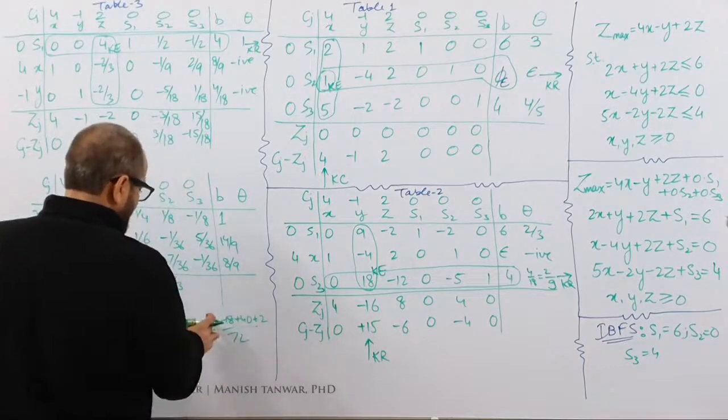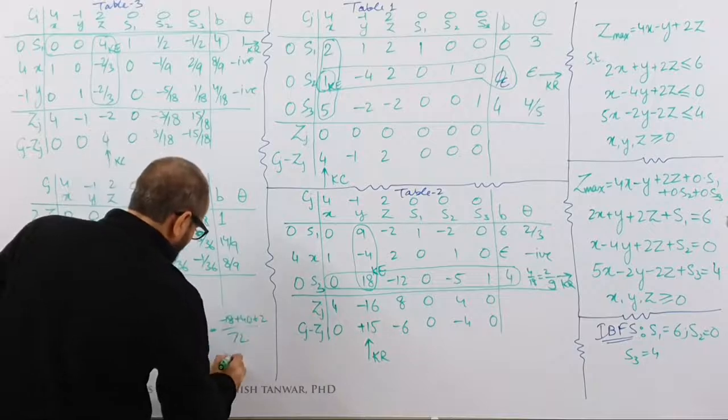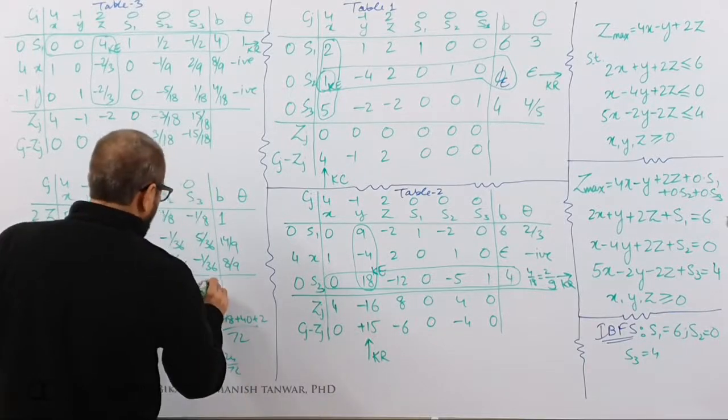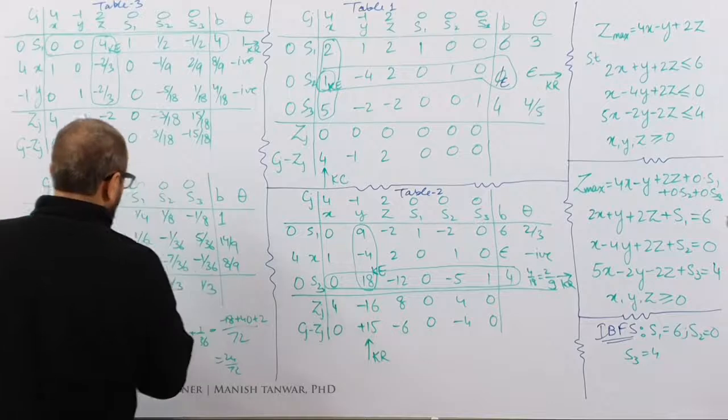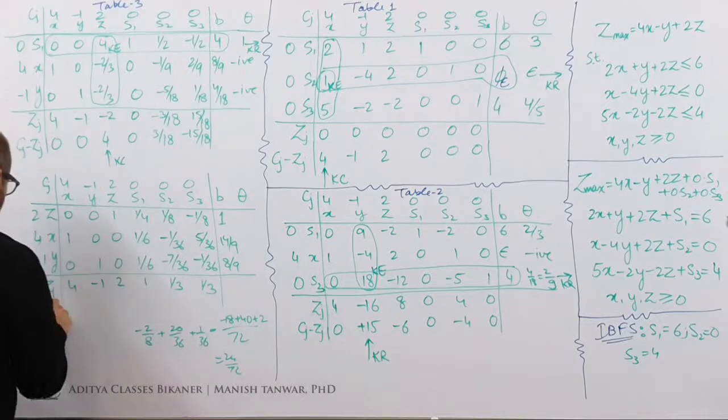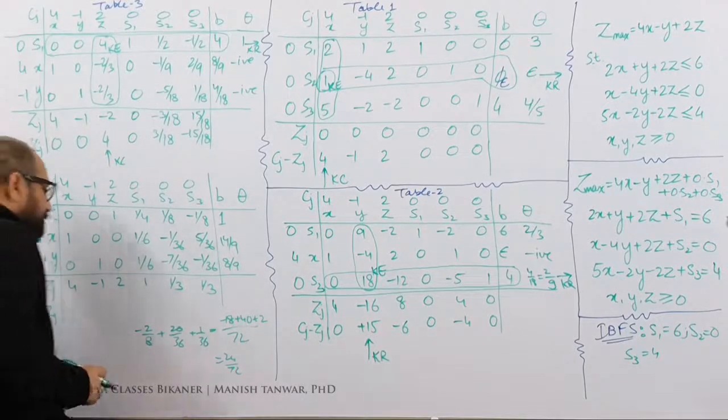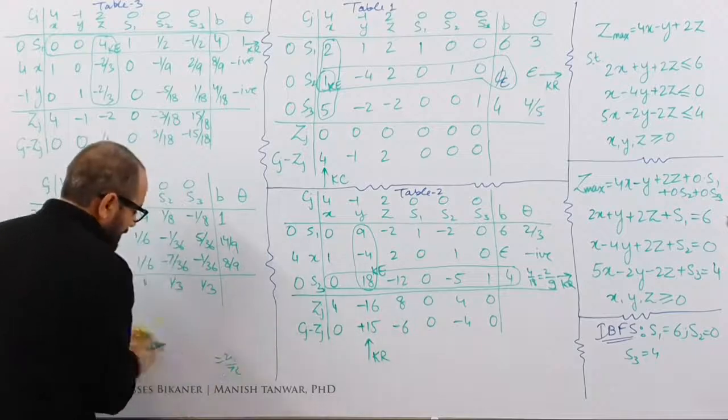So this becomes 22 and 2, 24. 24 by 72 once again, giving me a 1 by 3. So what will be Cj minus Zj? What do we have as Cj minus Zj?